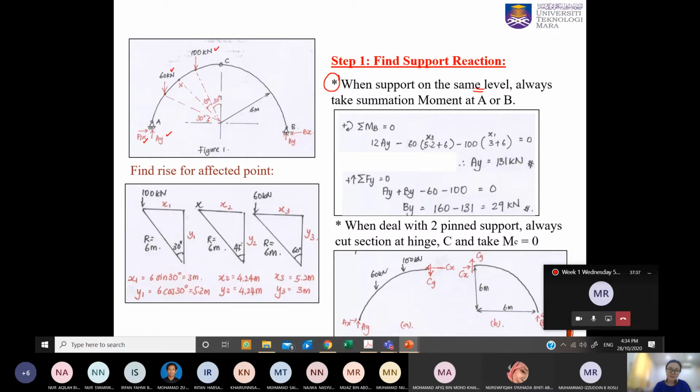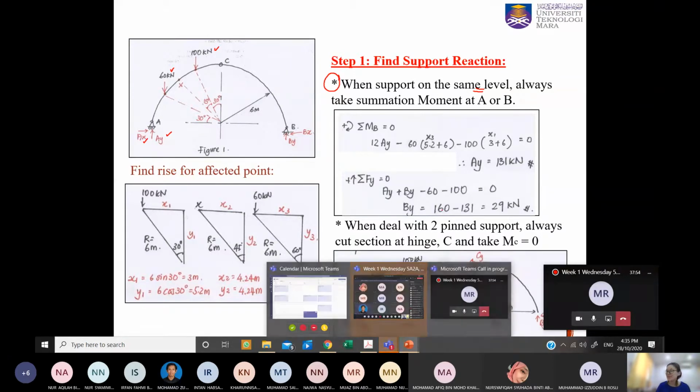Can you help me? 12 meter. Thank you very much.